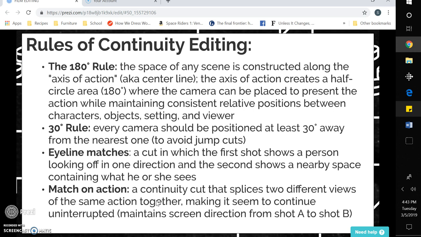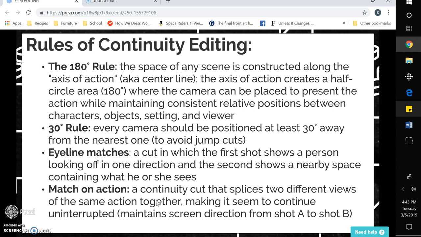We know that the character is looking off screen at something that's happening, or someone, or some object, and then when we see shot B, we expect that what we see in that second shot is the thing that was being looked at. This is the same general idea as the establishing shot and the interior. We know that if we put shots A and B next to each other, they should ideally be related.